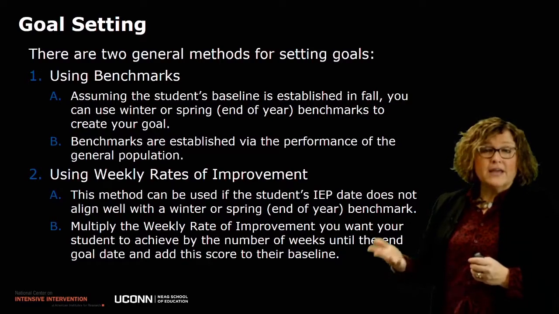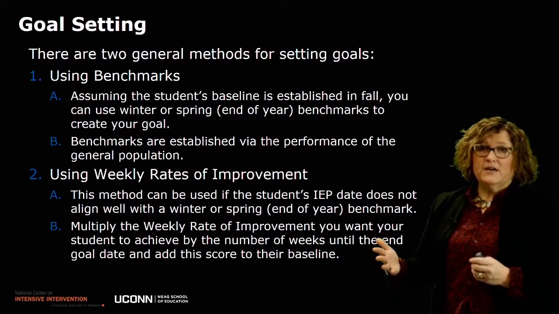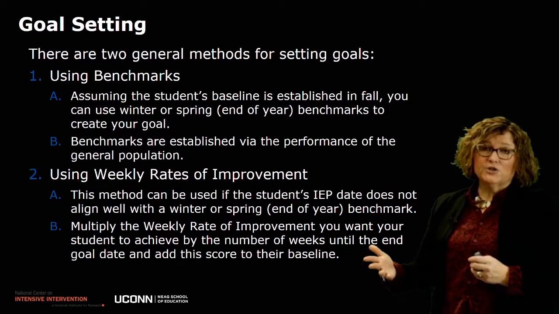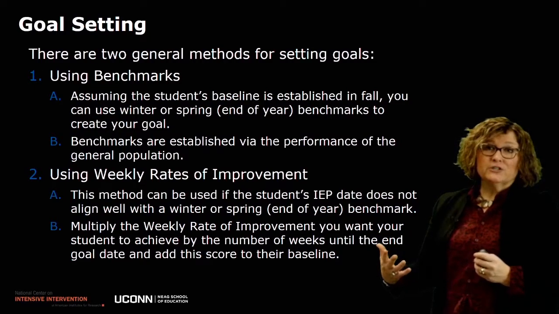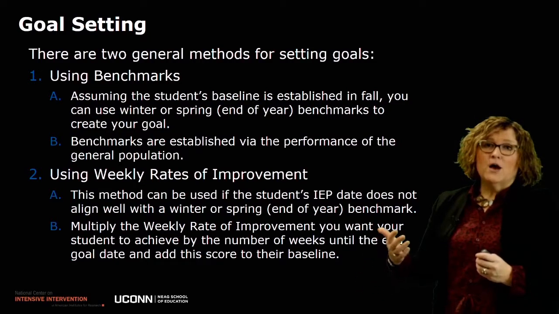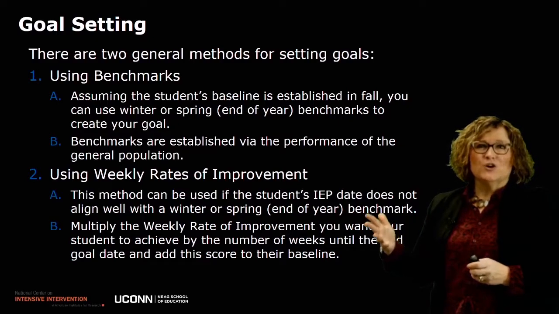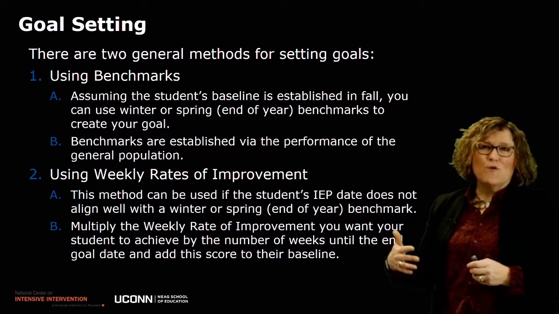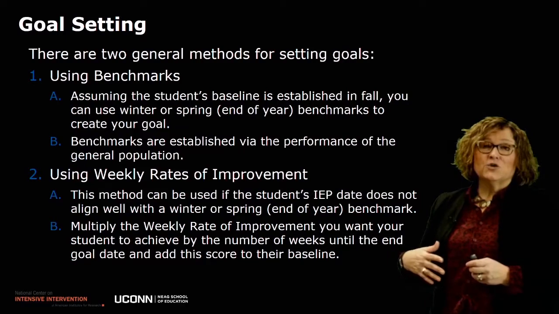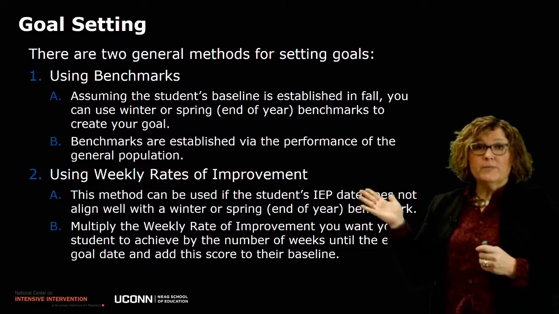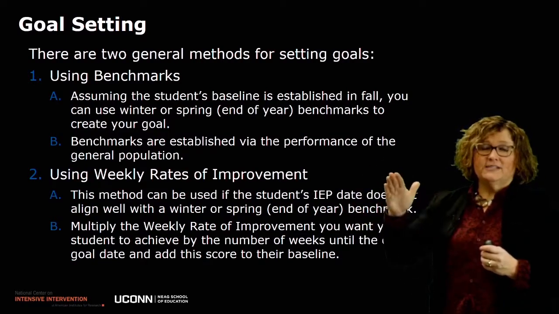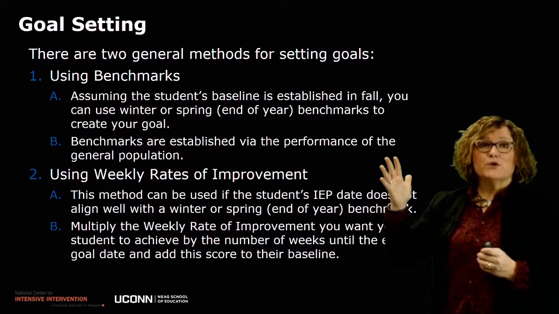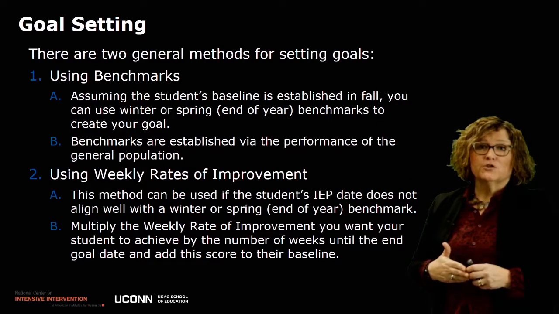So they're available through the company that you selected your measures from, and they're established levels of performance at which most students in a grade level typically perform at that time of year. And so you can pick like the spring benchmark for 4th grade, and that's the level you would use for your end goal for your particular student.